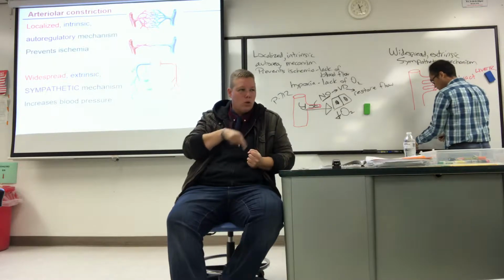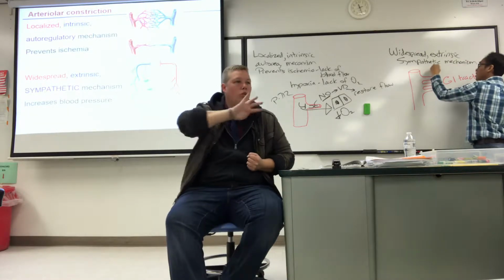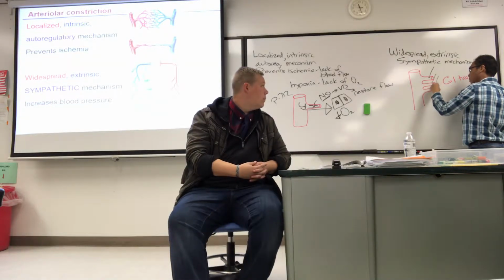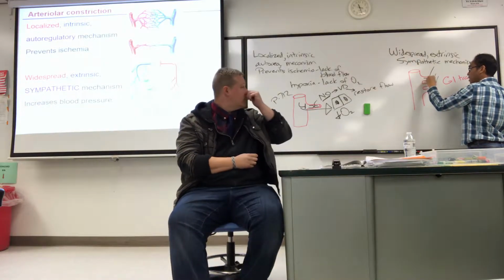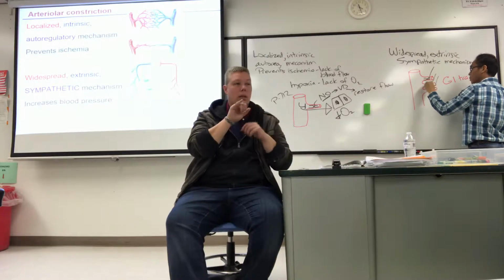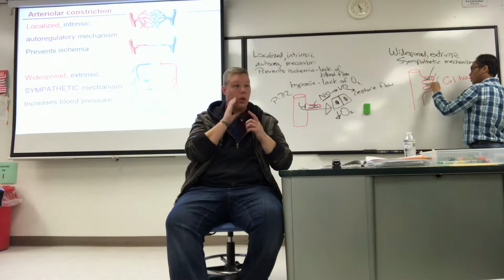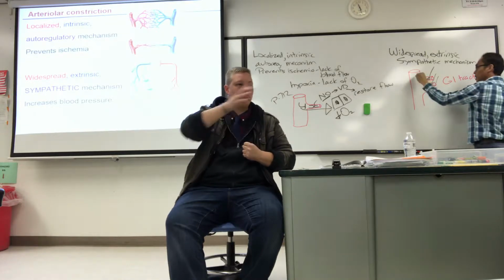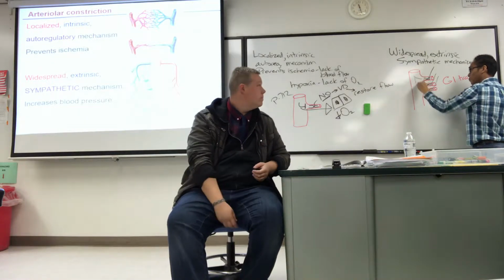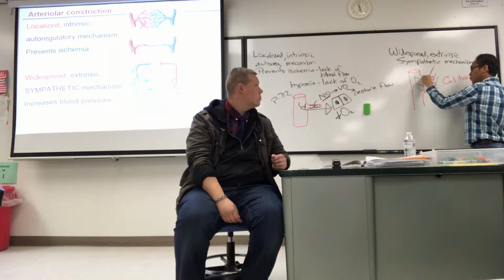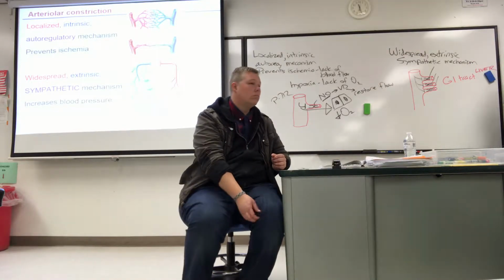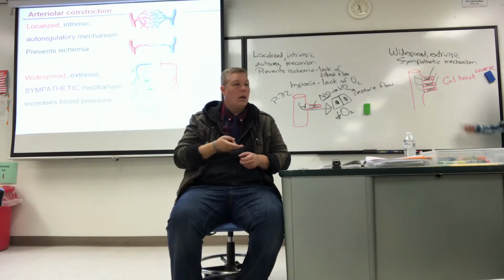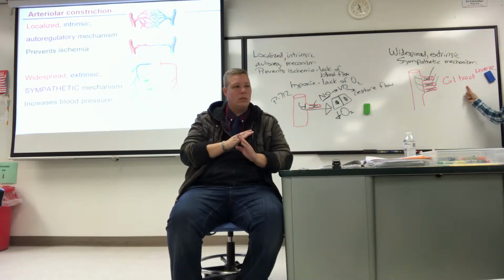So sympathetic nerves will constrict those arterioles, and you'll decrease blood flow to those areas. You'll increase resistance, decrease blood flow to this large group.